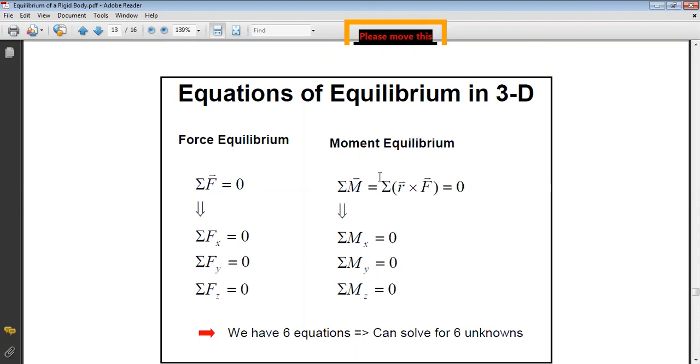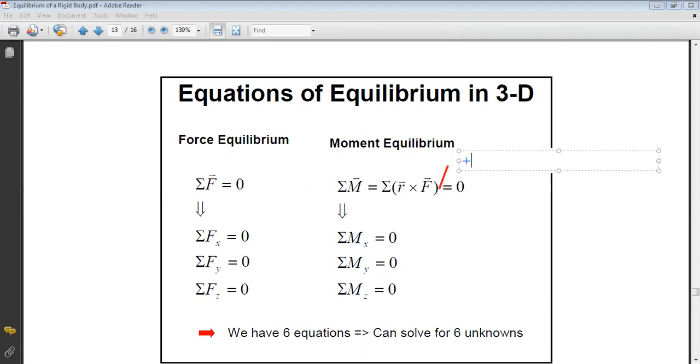And when we do the sum of moments, we should consider all forces' moments, so it's the sum of r cross F, but I also want to add something here. We should add plus the sum of moments of couples. So if you have couple moments, you should add them also.